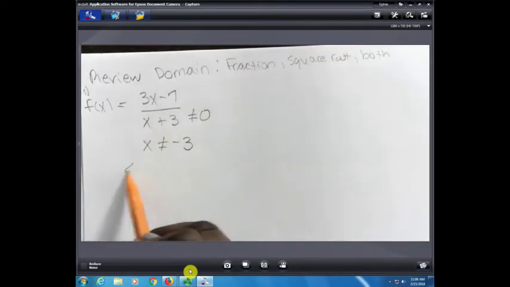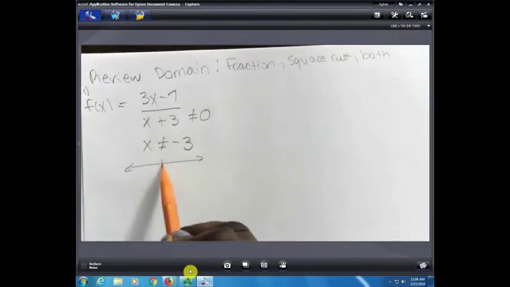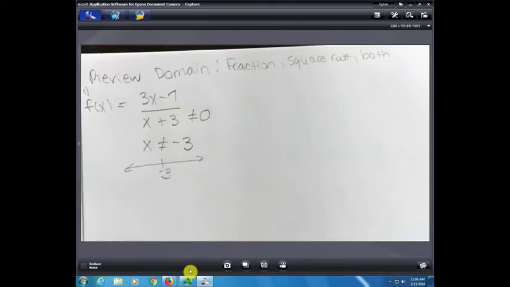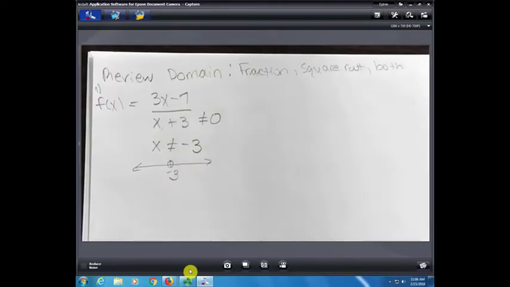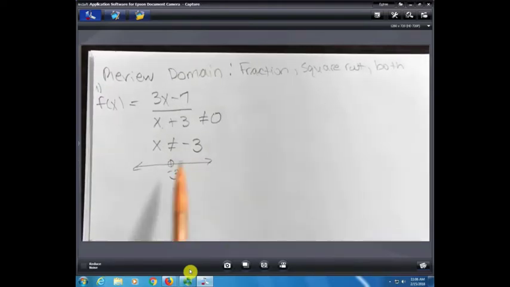So I'm excluding negative 3 from that domain. Now, if I write negative 3 on a number line here, and I cannot equal negative 3, so I can put an open circle or a set of parentheses here. I can have every number smaller than negative 3 and bigger than negative 3, but just not negative 3 itself.